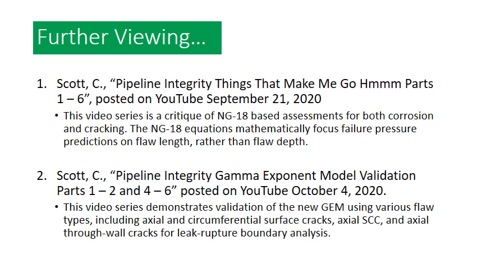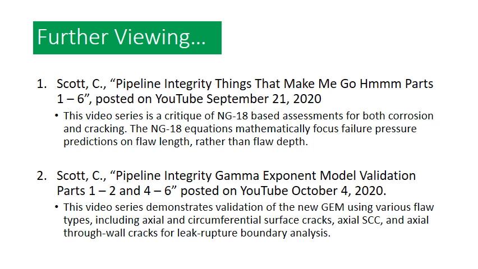When it comes to surface cracks and surface corrosion, depth is a much more important parameter, and a lot of the development in my GEM equation has been in flipping everything from a length-based model to a depth-based model. If you look at some of those videos, they're about 10 or 15 minutes each. You'll get a better understanding of how I developed the model and why I developed that model.